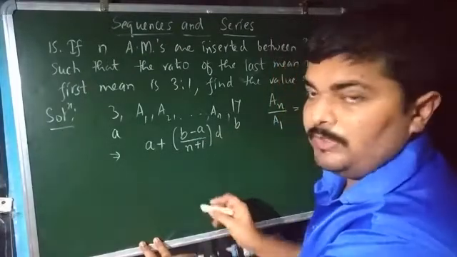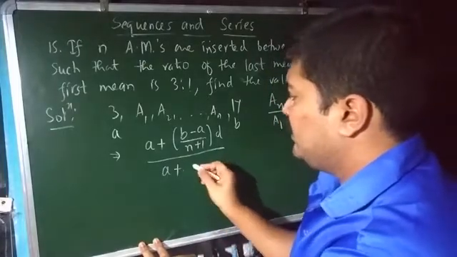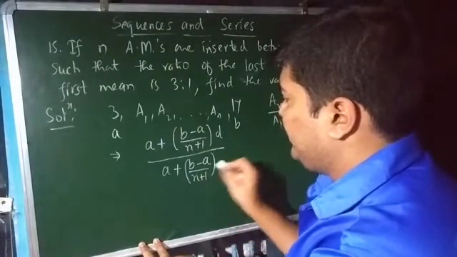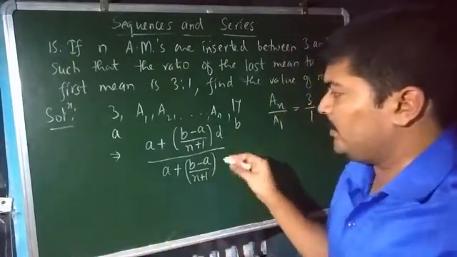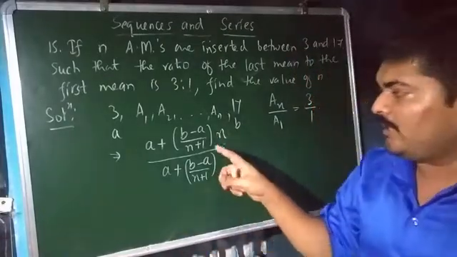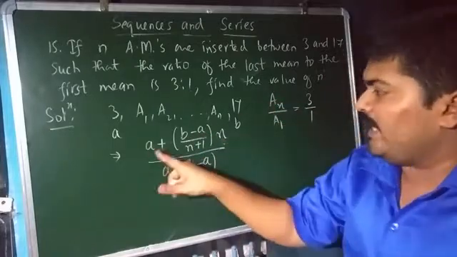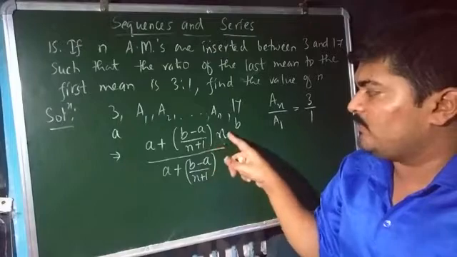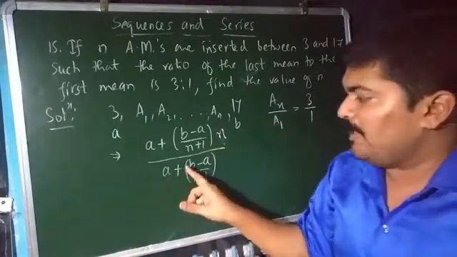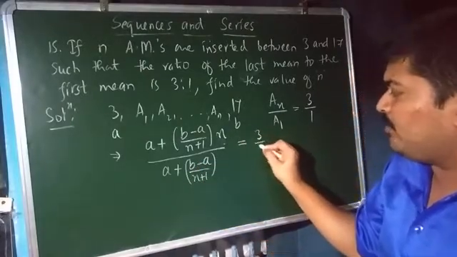Sorry for the mistake, I wrote this one incorrectly. The formula for An is A plus (B minus A) by (n plus 1) into n, and the formula for A1 is A plus (B minus A) divided by (n plus 1), and this is exactly equal to 3 by 1.